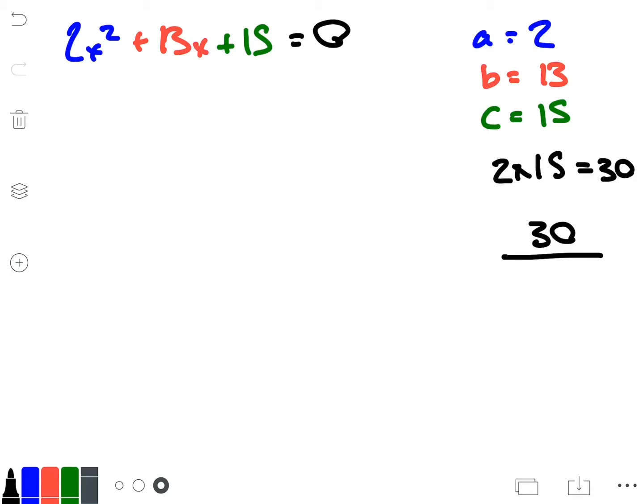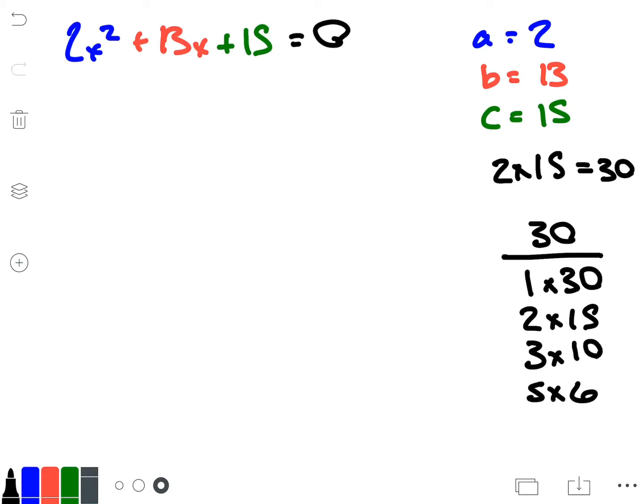The factors of 30 are just the two terms that, when multiplied, equal 30. That's going to be 1 times 30, 2 times 15, 3 times 10, and 5 times 6. So how do we know which of these pairs we want to use? Well, we know that the two numbers either have to add to equal 13 or subtract to equal 13.